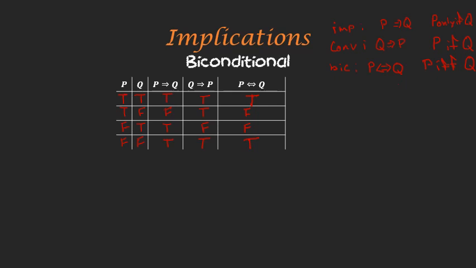So I want you to notice something with this: when is the biconditional true? Well, that's only true when P and Q share the same truth value. That's the only way to make the biconditional true, is if both P and Q share the same truth value. That's sort of an equivalent way to think of a biconditional.